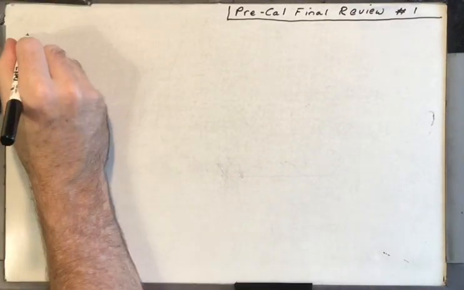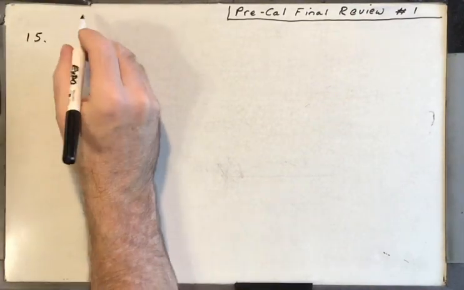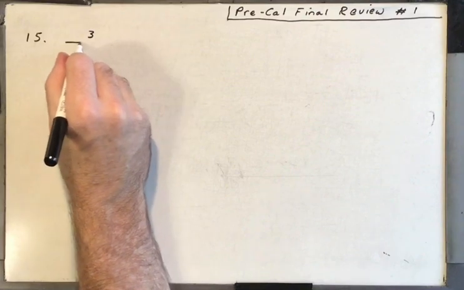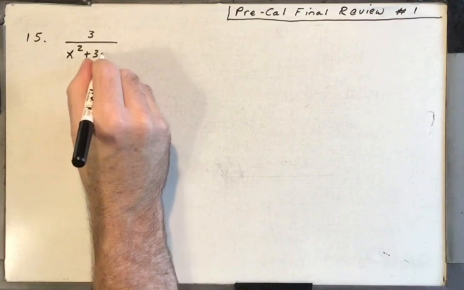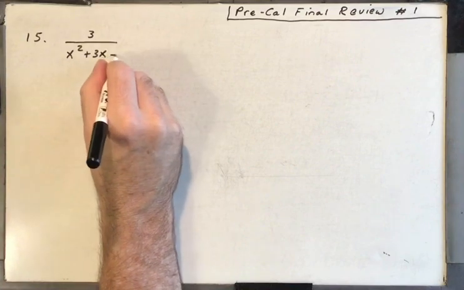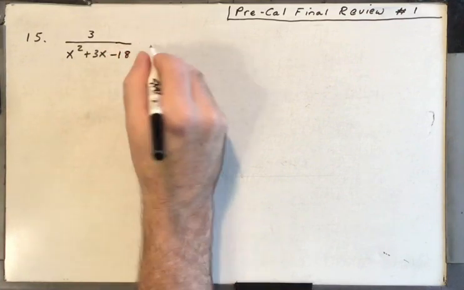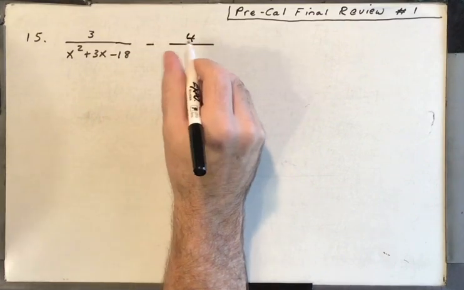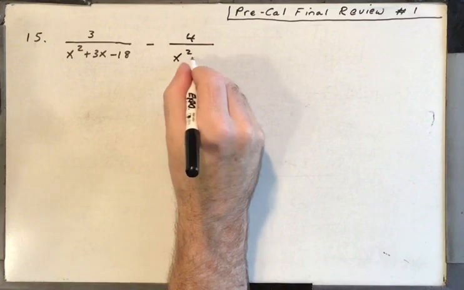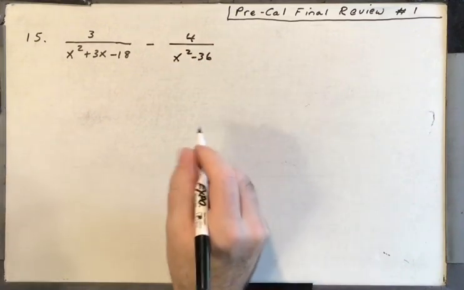So 15, we want to simplify 3 over x squared plus 3x minus 18 minus 4 over x squared minus 36. All right, we're just going to factor here.